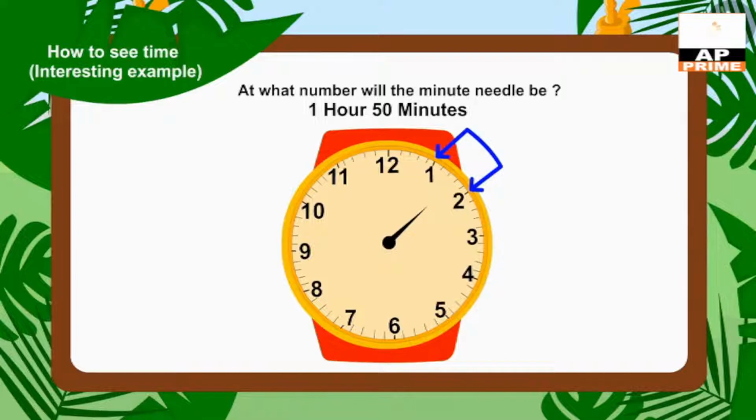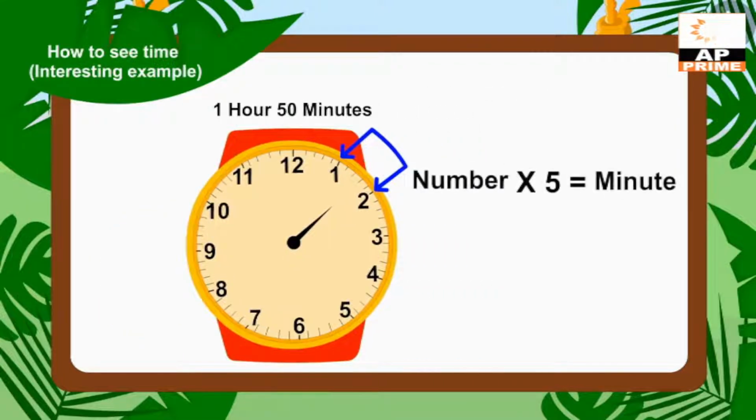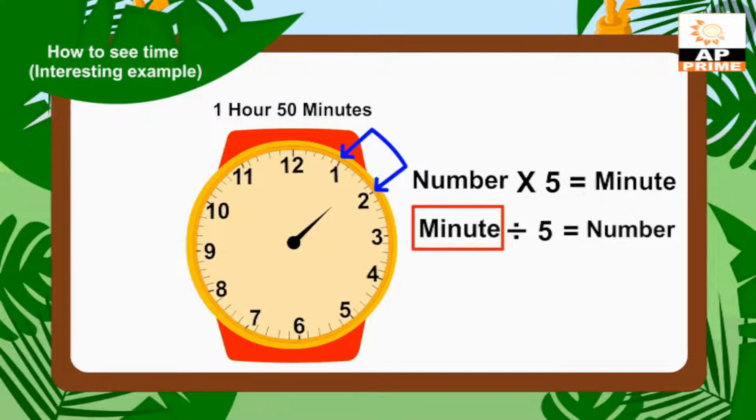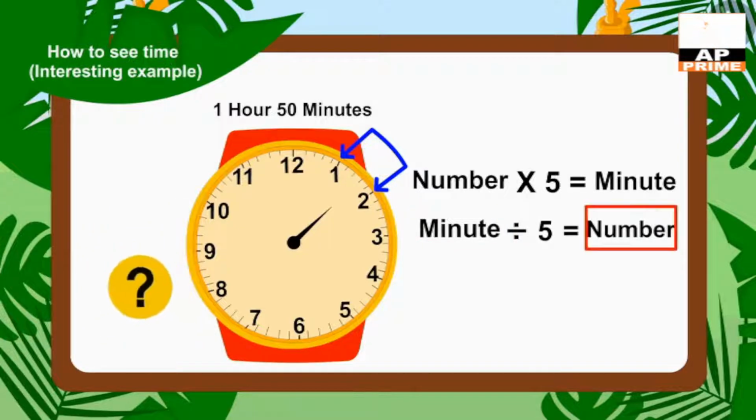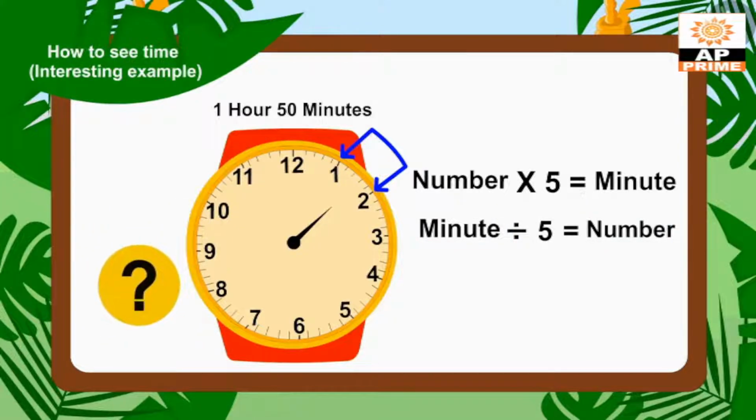And at what number will the minute needle be to show 50 minutes? This is very easy. As we multiply the number on the clock by 5 to find the time in minutes, to find out what number the needle points to, we have to reverse it.